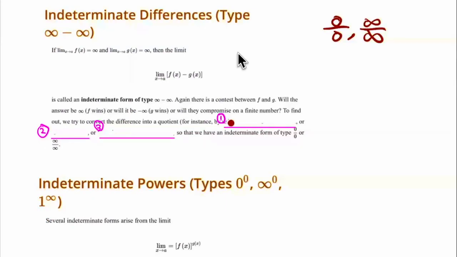Number 1, you can take out a common factor. When you take out a common factor, it actually gets to the type 0 times infinity.